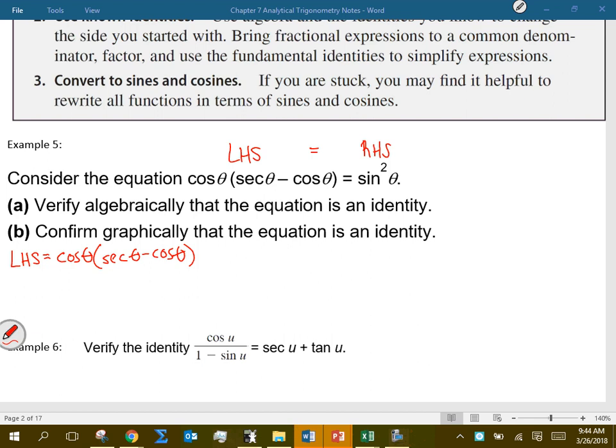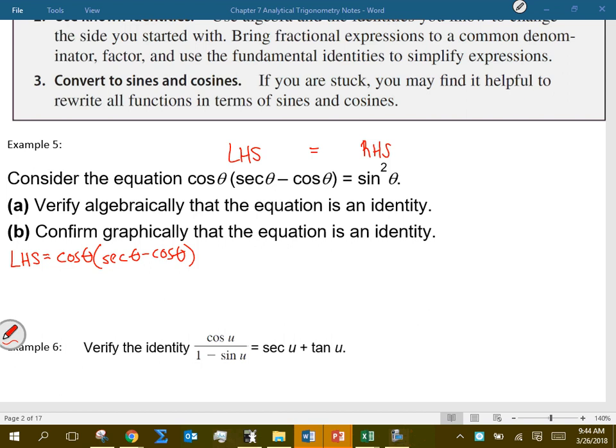So now I've been basically going back to what we've been doing the last 2 or 3 days. Let's look at that and see if we simplify that. Okay. Now there's no powers of 2 here, so there's no real nice Pythagorean identities to incorporate, but there is a secant in there, and you may be a person that says, well, let's change that secant to 1 over cosine. That's perfectly fine. You can do that.